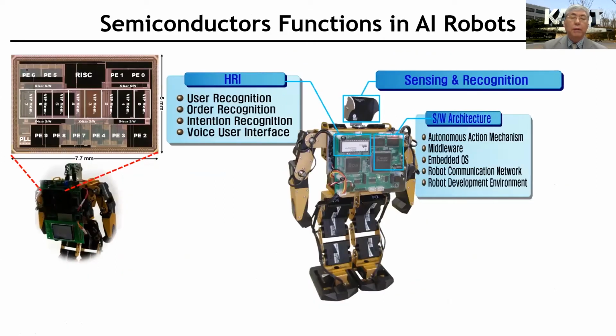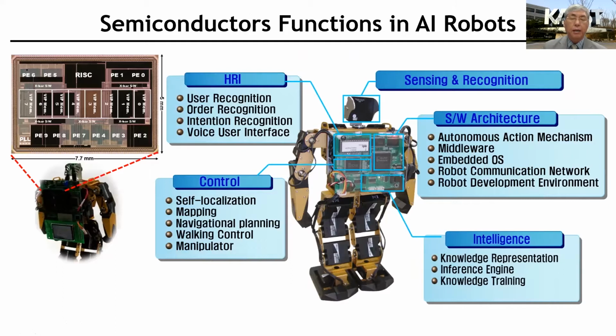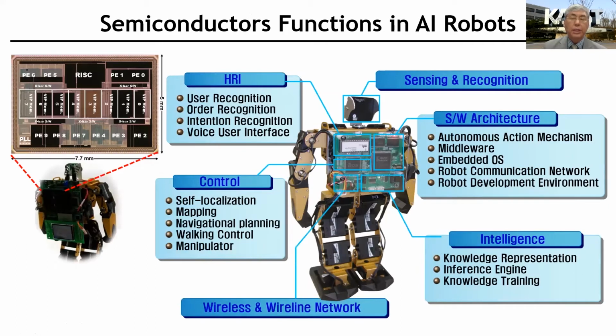And on top of those simple functions, many complicated functions are necessary for the semiconductors to provide to the AI robots. For example, human-robot interaction is necessary to communicate with users through voice user interface or user recognition or intention recognition.